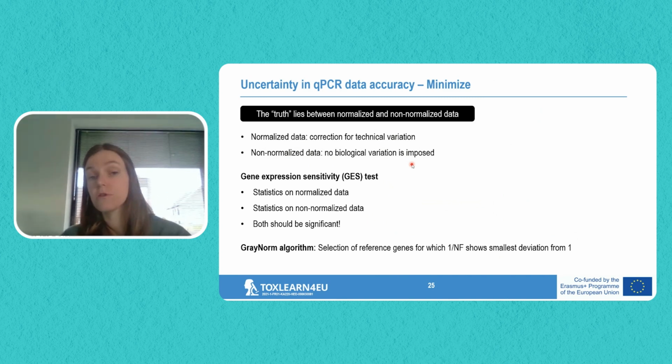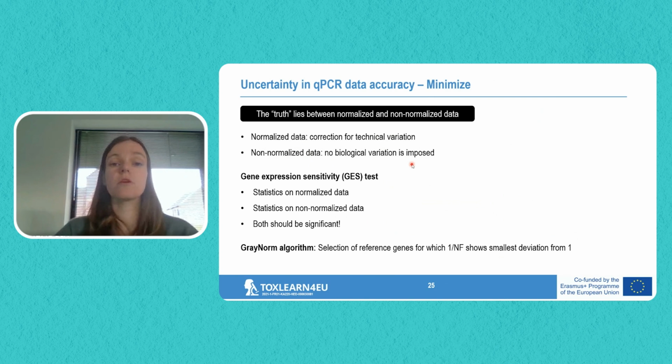And 1 over the normalization factor is the number with which you will multiply the relative quantities of the gene of interest in order to normalize them and obtain the normalized relative quantities. All of this will become more clear during the demo on data analysis. So you can maybe look back at this presentation after also watching the demo, and then this will for sure become more clear.